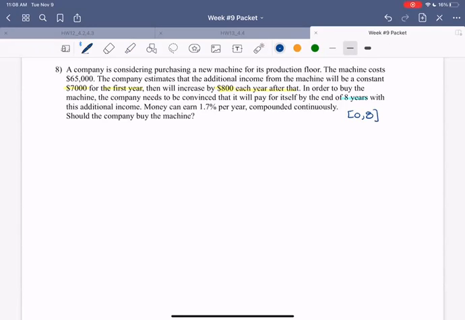In that time, we have our income function, f sub 1 of t, which is going to be 7,000. Recall that's just coming from that first year, so that would be the interval from 0 to 1.